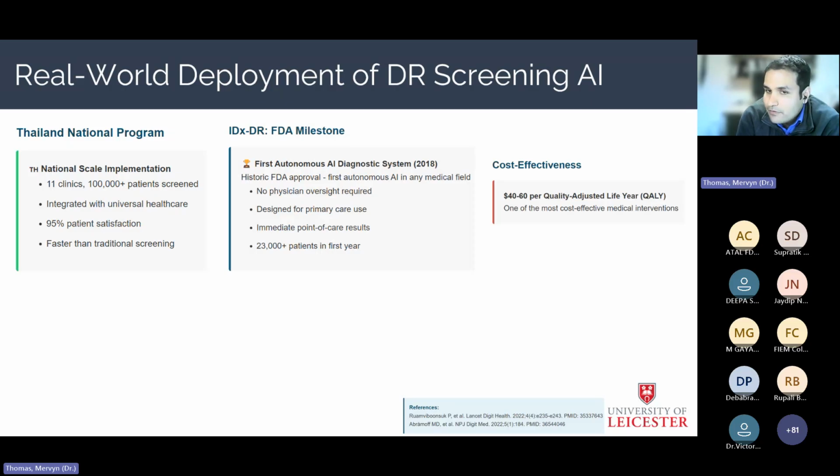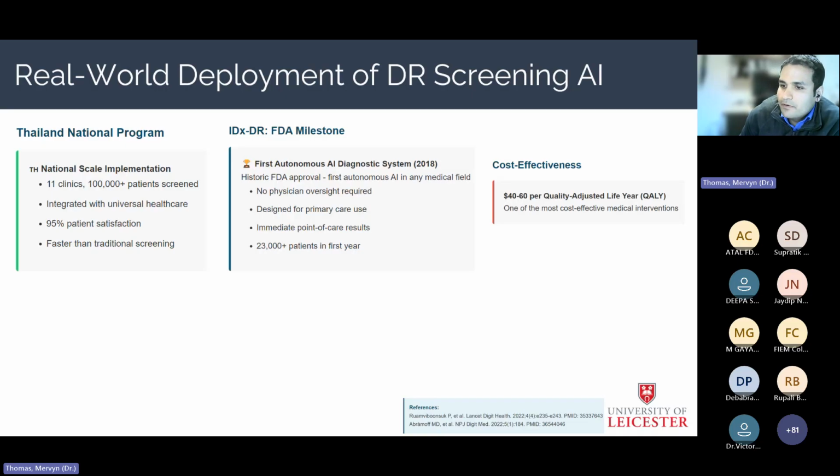Within the first year itself, over 23,000 patients were screened. And they did a cost-effectiveness analysis, which showed around $40 to $60 per quality adjusted life year. So what that means is it's one of the most cost-effective medical interventions available.